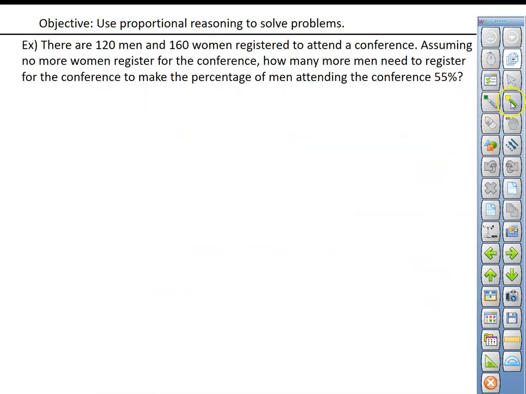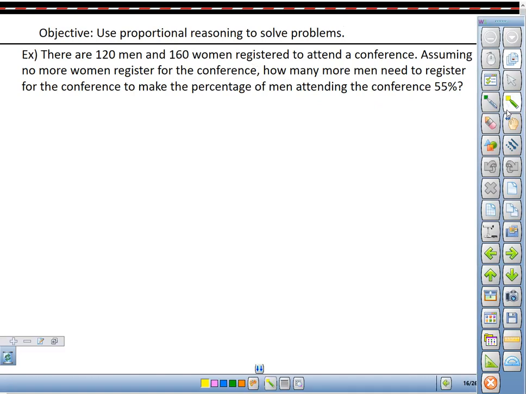All right, so here is our first example. In this particular problem, there are 120 men, and there are 160 women who are registered to attend a conference. So assuming that no more women register for the conference, the question is how many more men would need to register to make the percentage of men 55%.